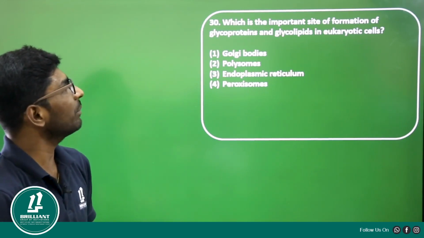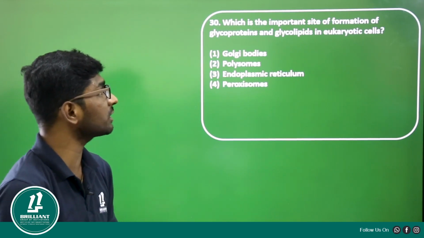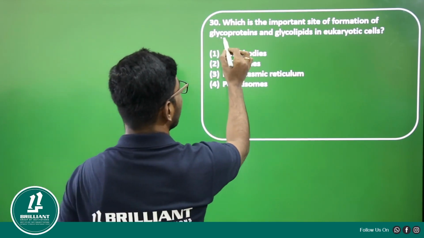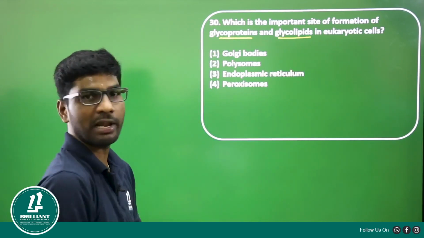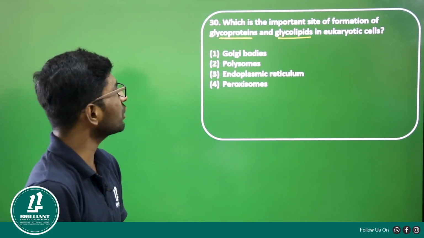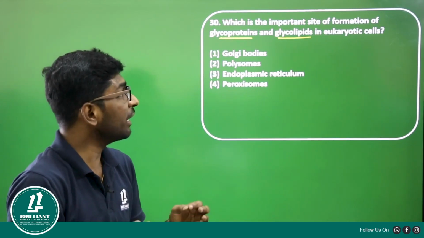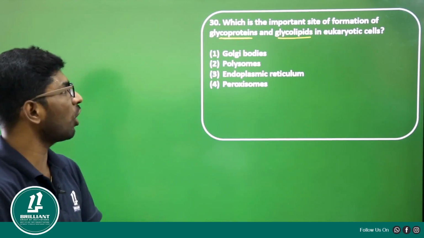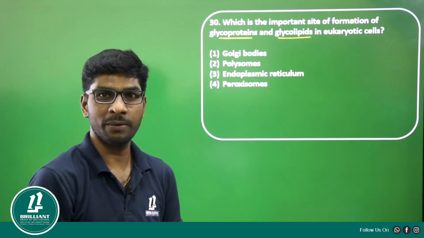Look at the 30th question. Which is the important site of formation of glycoproteins and glycolipid? Look at student here. This question is from the chapter called Cell: The Unit of Life. Formation of glycoprotein and glycolipid in eukaryotic cell. Number 1, Golgi bodies.